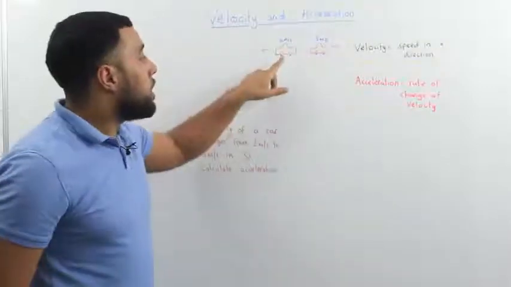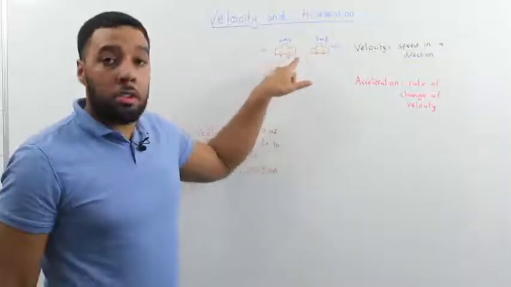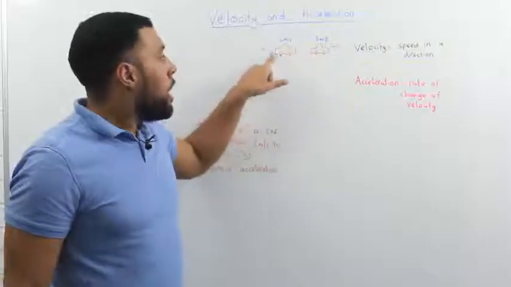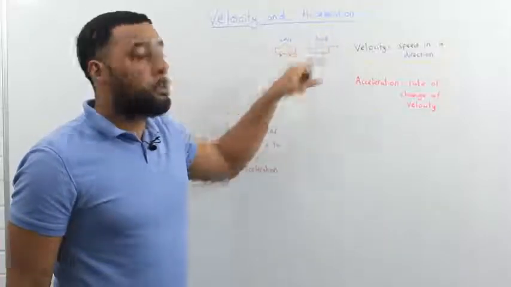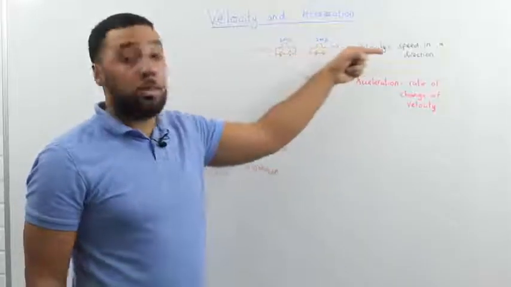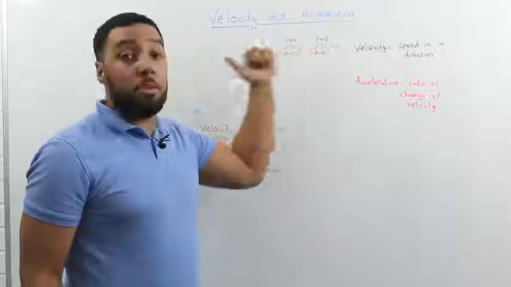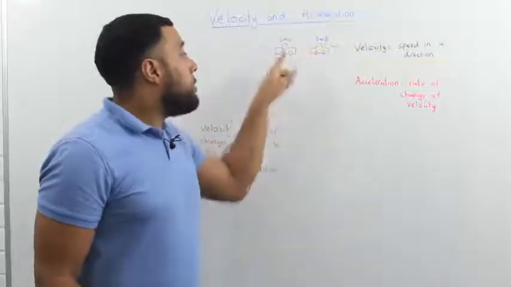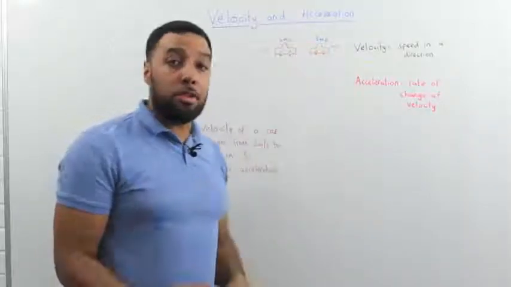For example, we have two cars here. Both cars are travelling with the same speed, but you can see that one car is moving this way and this car is moving over here. They're moving in different directions.